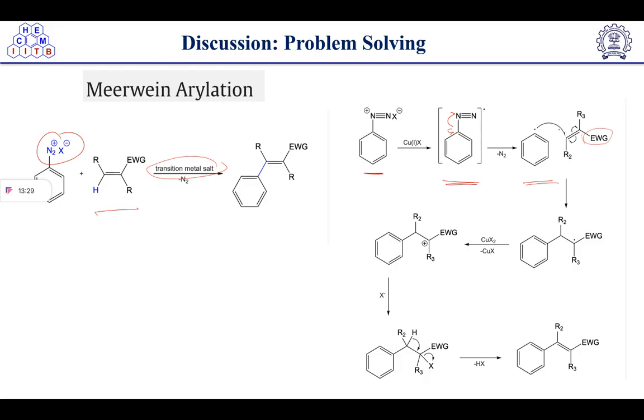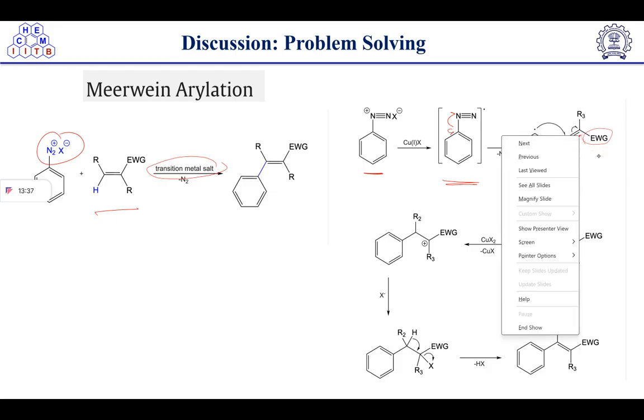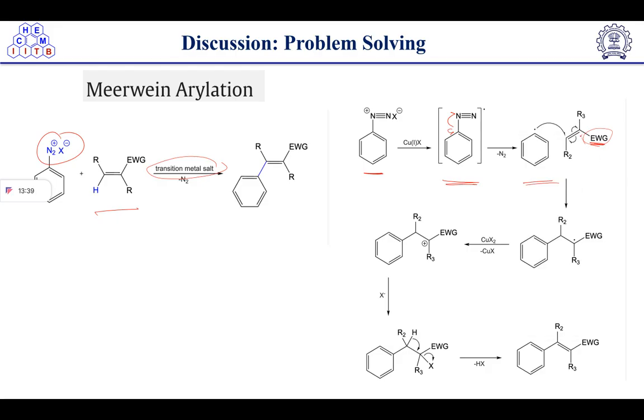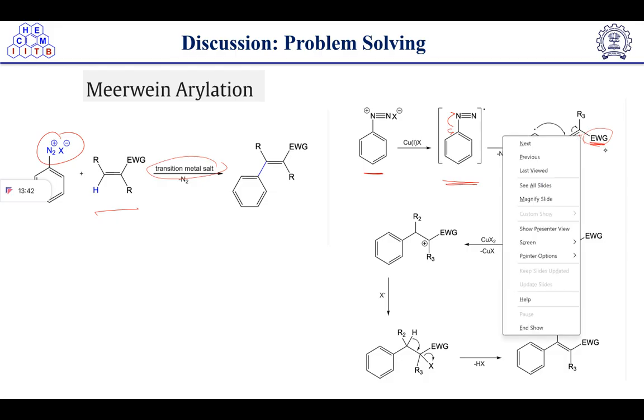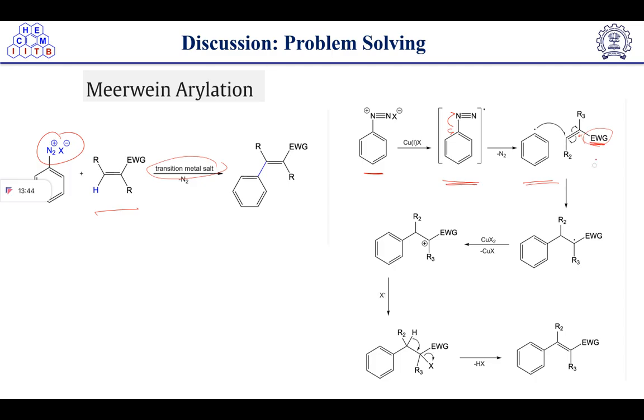So this radical will attack this double bond, and here the radical generation will take place over here, which is a stable radical because of this withdrawing group. So if you see, this radical is stabilized by the electron withdrawing group. You can check the basic concept behind this one.